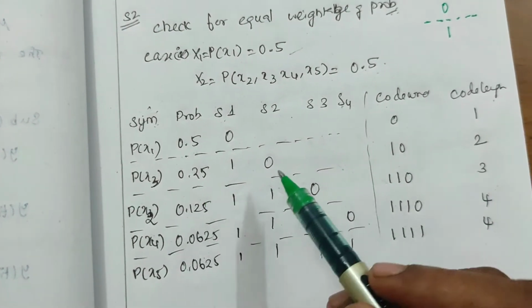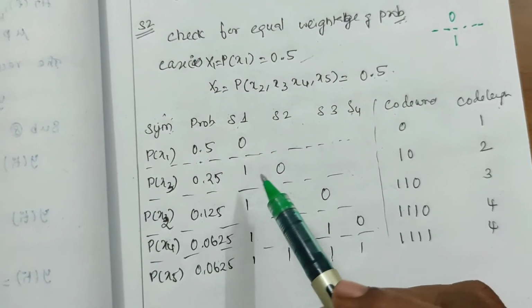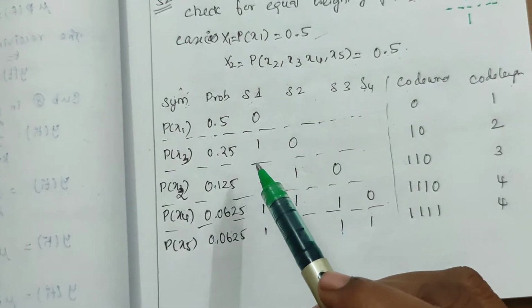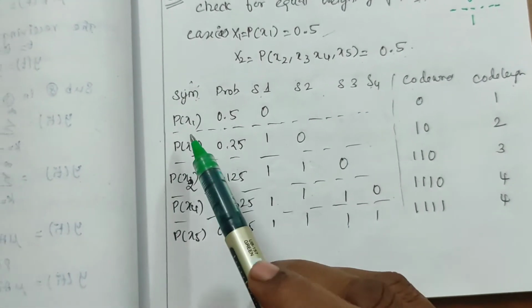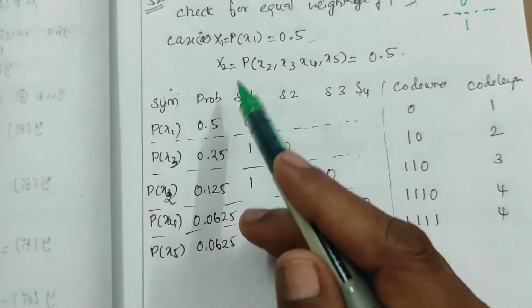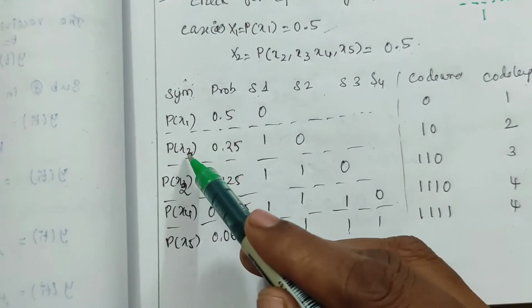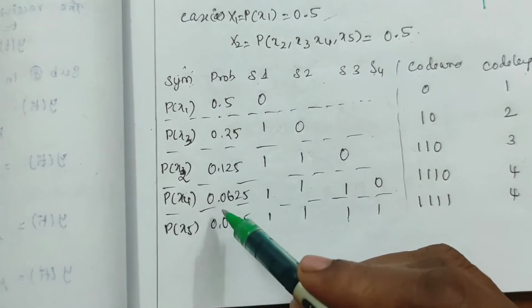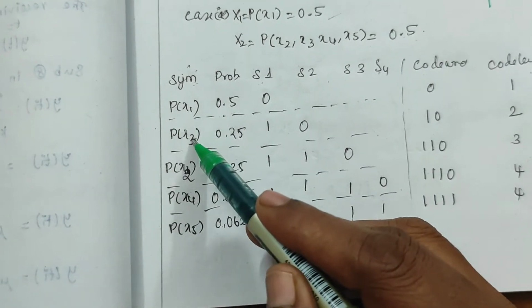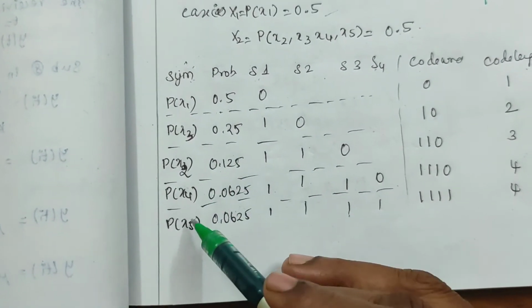So this is how you have to allocate the code, in order to identify the code length. So first you have to write the symbol and next the probability in decreasing order, that is x1, x3 and x2, x4, x5.